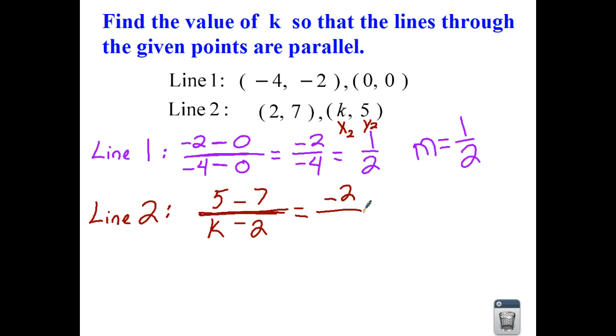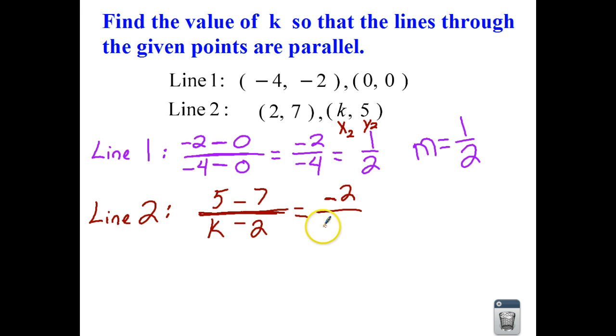Now think about what I need here in order for this fraction, my line 2 fraction, to be 1/2. Well, if this is a -2, I know that it's going to have to be a negative number, and that would have to be a 4. So what is going to get me a -4 if I set up this equation?